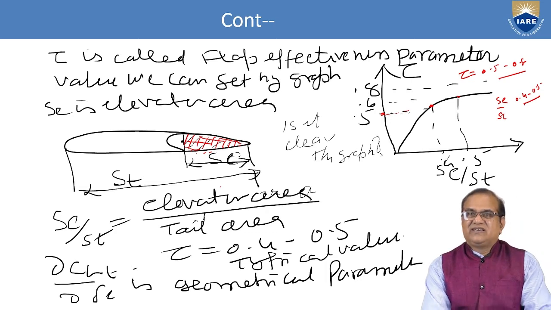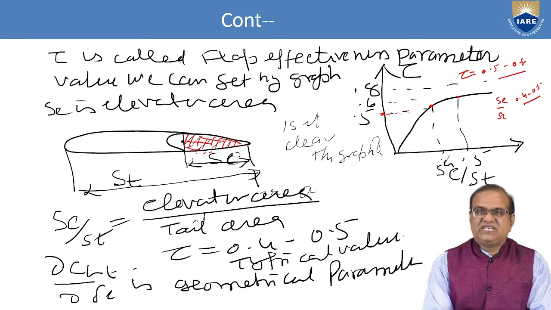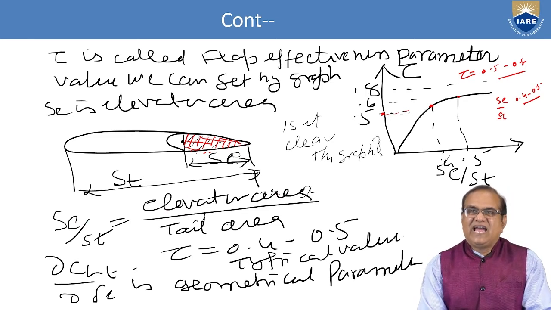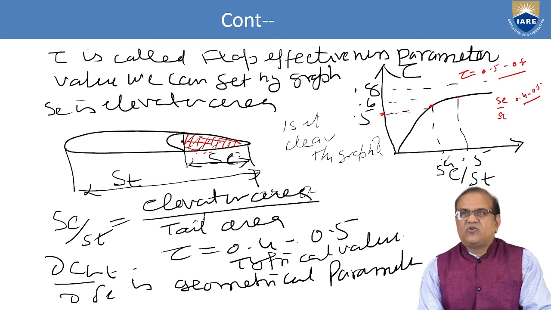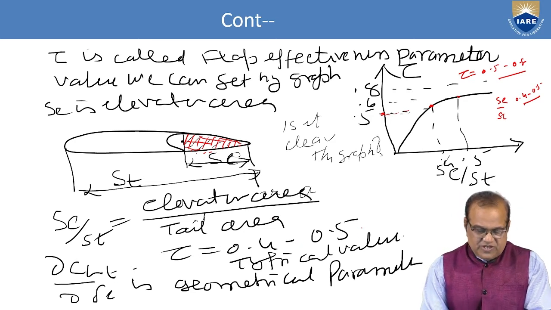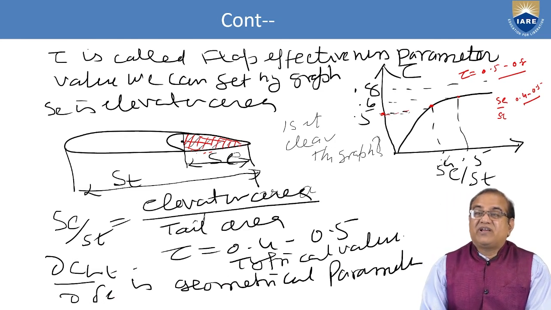So SE by ST is the ratio of elevator area to tail area, and this is 0.4 to 0.5.